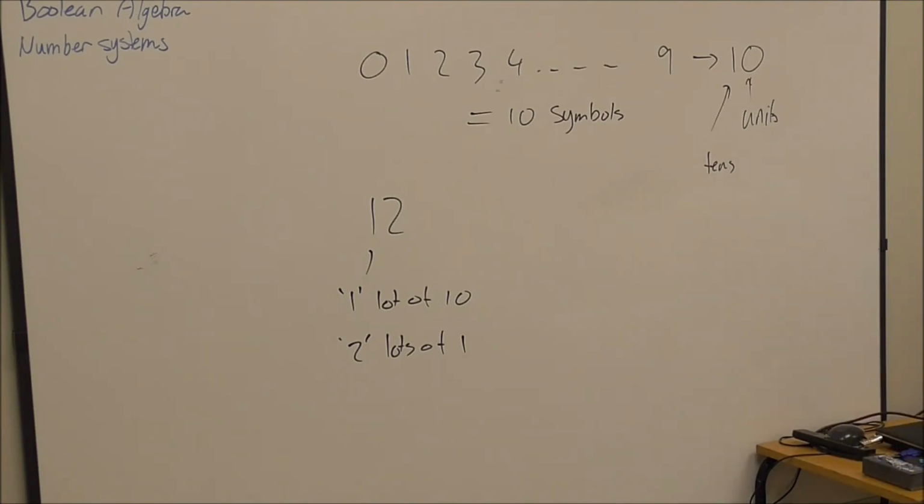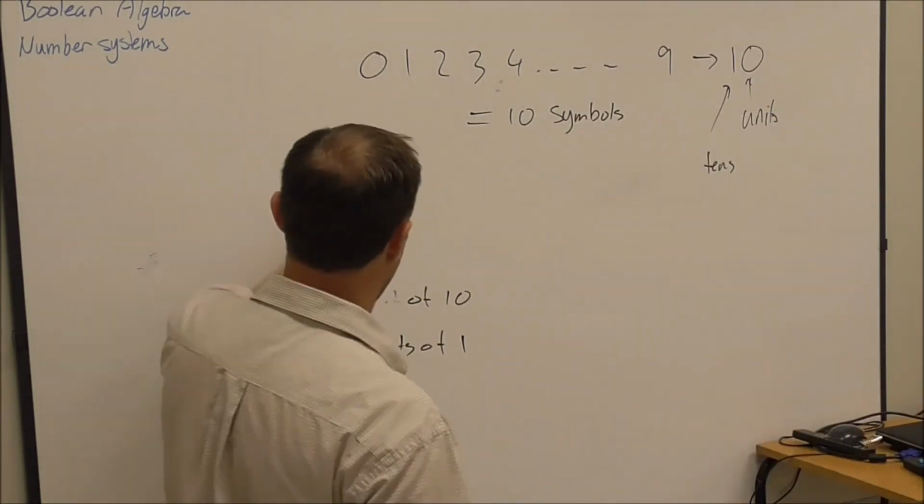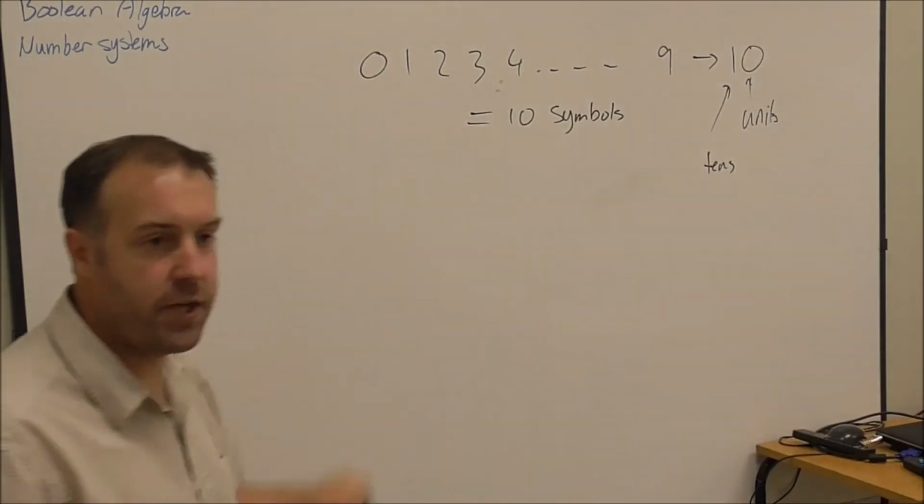And if you do that enough times, get to 99, what's the next thing you're going to increment? The third number, which is the hundreds, isn't it? Okay? And then you've got the thousands, then tens of thousands, hundreds of thousands, and so on. So each of these digits in a number has a value that is related to a power of 10.